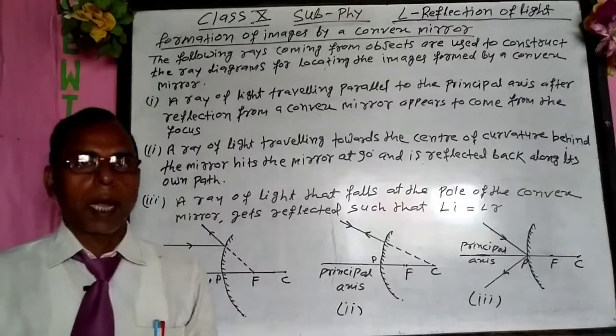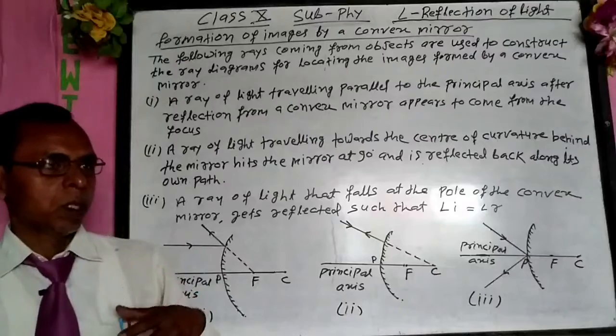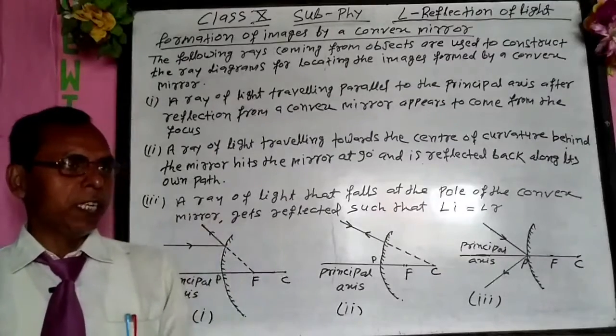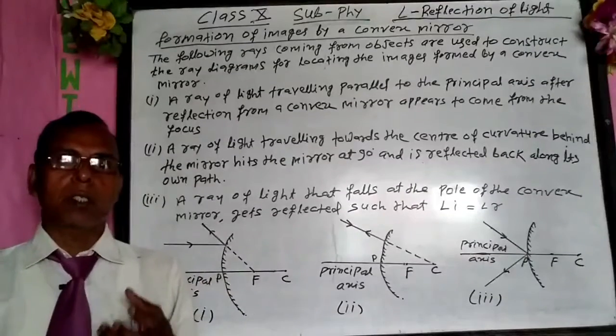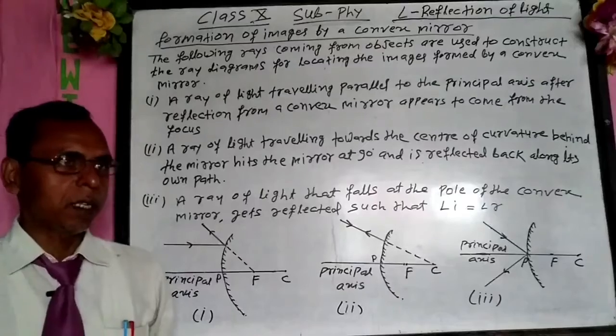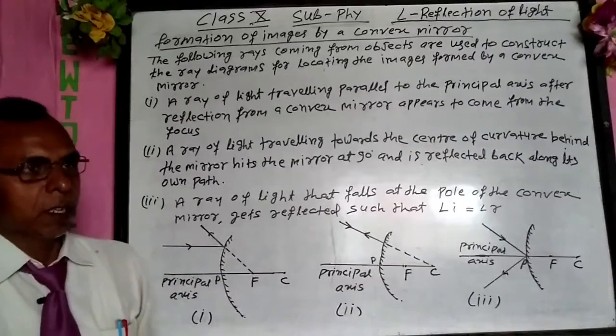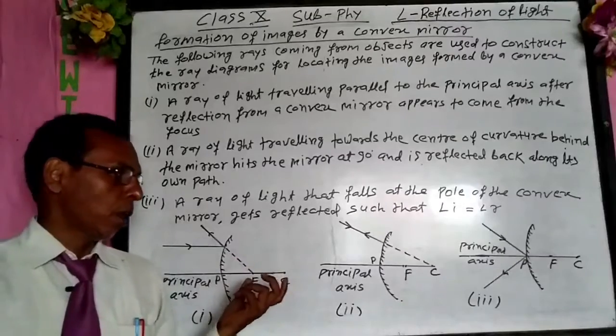When an incident ray travels towards the center of curvature of a convex mirror, after reflection, it comes back on its original path.